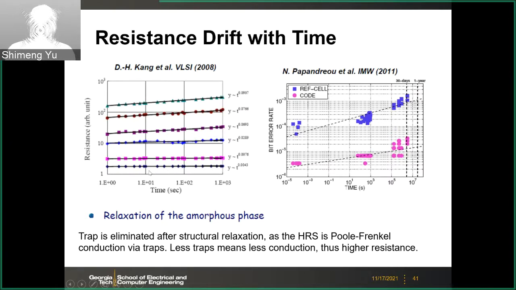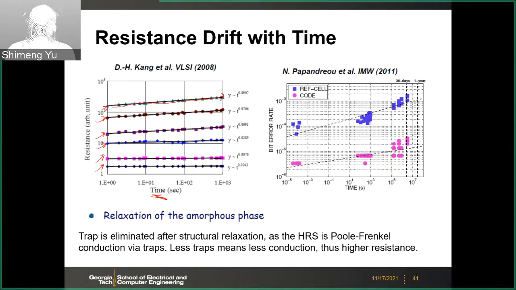So from the device behavior point of view, what you will see is that right after the programming, you can achieve your multi-level state, multi-level resistance. But then as time goes by, if you monitor the resistance, you will notice that the resistance will increase over time, even at room temperature.